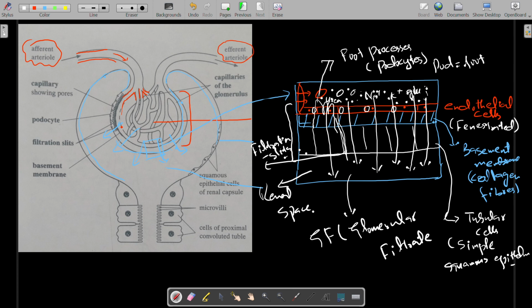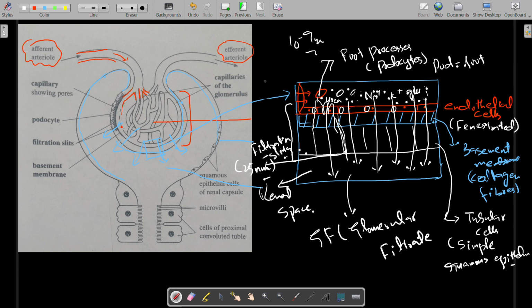These three membranes make your filter paper. Do note it down, these filtration slits have a diameter of around 25 nanometer, and I told you earlier that the pores in the endothelium have a diameter of around 10 nanometer. 1 nanometer is equal to 10 raised to power minus 9 meter. The filtrate that comes over here in the renal space or Bowman space is what we call glomerular filtrate.